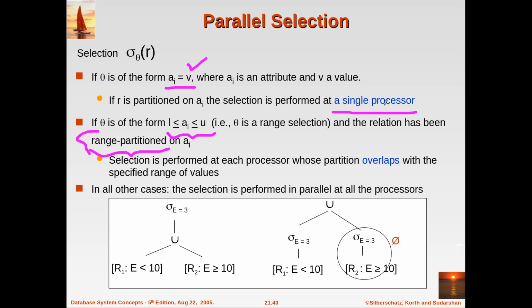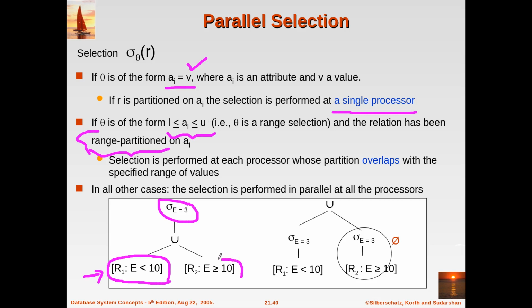So we can see in the below example that the condition given is the attribute E equal to 3, and assume that in the range partition, one range is where the attribute value is less than 10. All the tuples with the value of attribute E less than 10 reside at one processor, which is given as R1, a partition of relation small r.